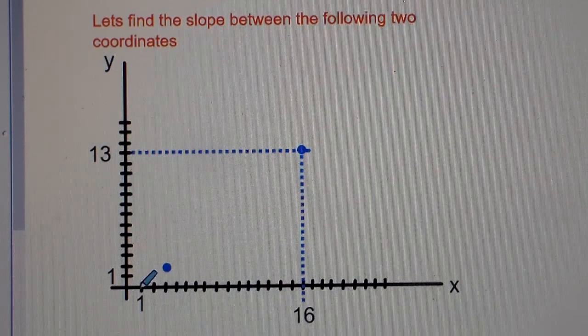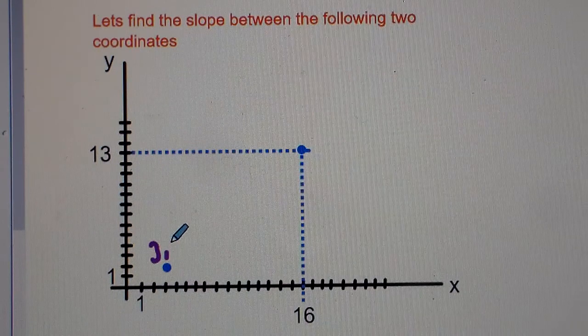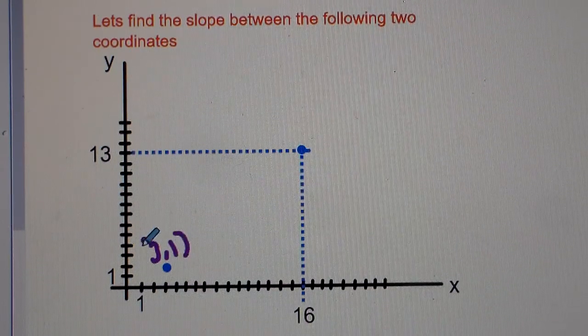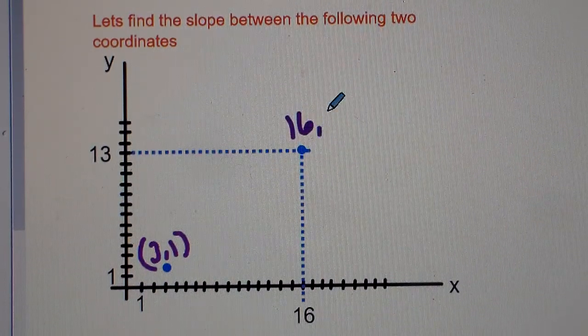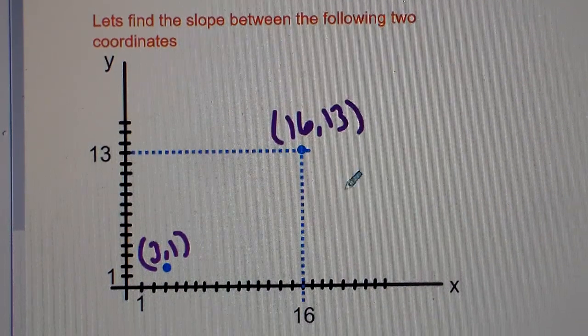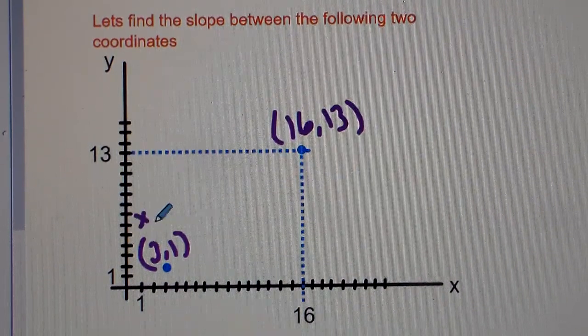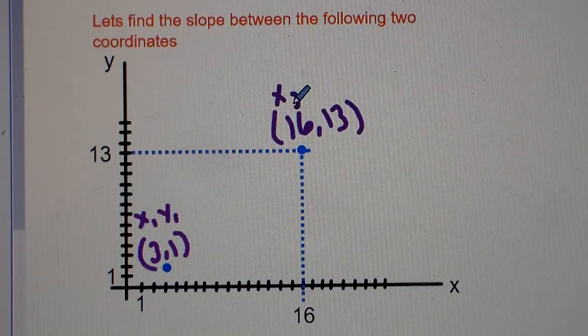In this one, this coordinate right here is 3, 1. And this coordinate here is 16, 13. I now need to find the slope given those two coordinates. This is my x1, y1. And this is my x2, y2.